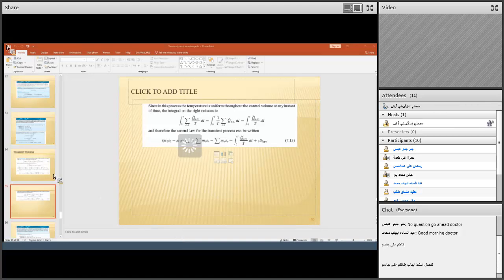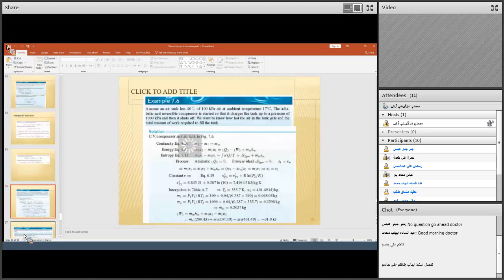Okay, we continue and solve an example. Assume that an air tank has 40 liters of 100 kilopascal air at an ambient temperature of 17 centigrade.